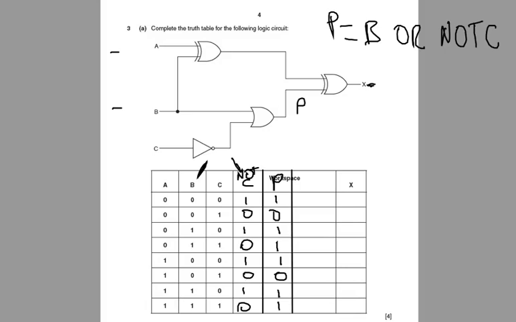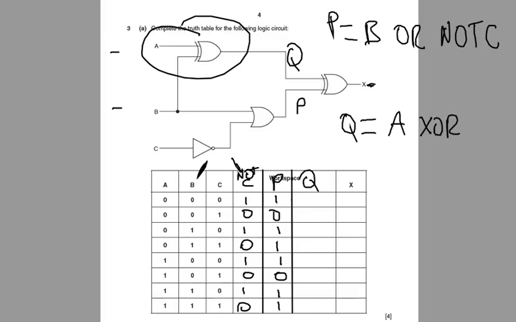Then we can do this gate here. This gate is A XOR B. We'll give it a label, we'll call it Q. So Q equals A XOR B. Let's work that out.